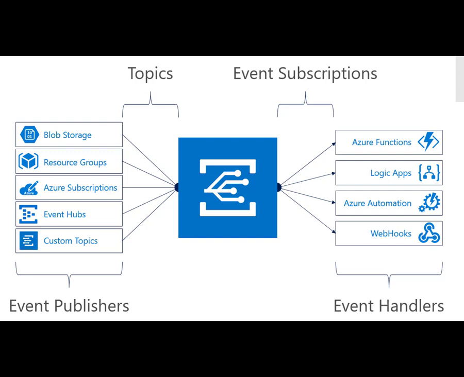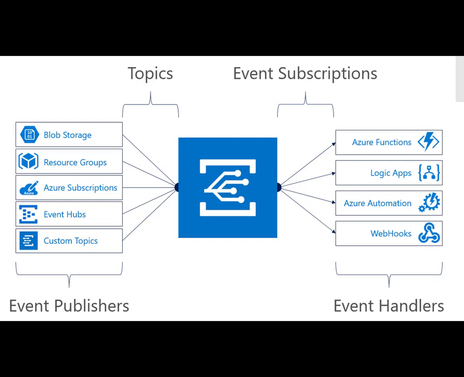In the case of validation, I was talking about how you needed to go through all the virtual machines and make sure the OMS agents were installed correctly and functioning correctly. But if you wanted a way to be notified, rather than having a pull model where you go through all of these resources and make sure they are valid, wouldn't it be better if you were notified of an underlying change in the infrastructure?